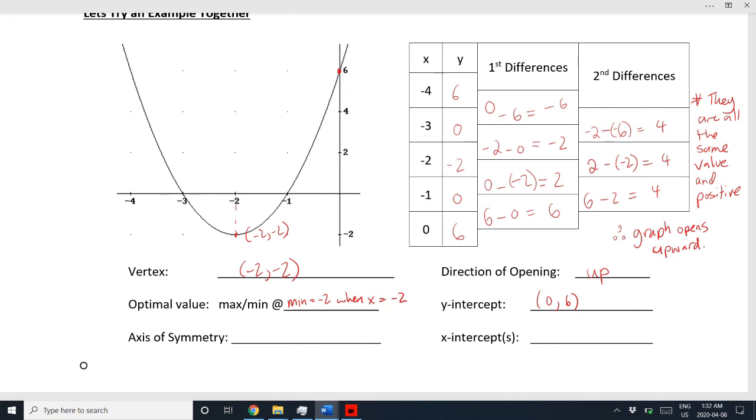You know the axis of symmetry goes straight through the vertex. Remember, when stating the axis of symmetry, we always give it an equation. In this case, the axis of symmetry is x is equal to -2.